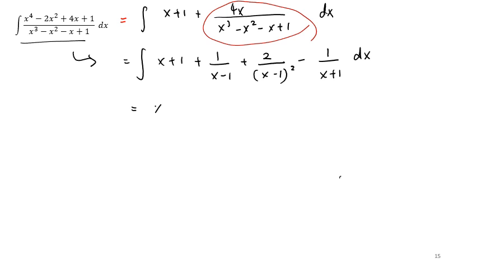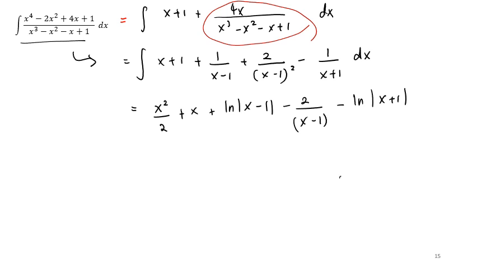So we just integrate term by term. Integrate x, you get x squared over 2. Integrate 1, you get x. Integrate 1 over x minus 1, you get ln of x minus 1. Then you integrate this term here, you get minus 2 over x minus 1, and this one you get ln of x plus 1, plus the integration constant.